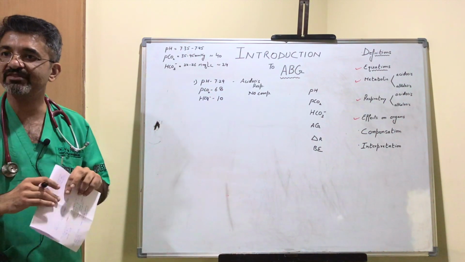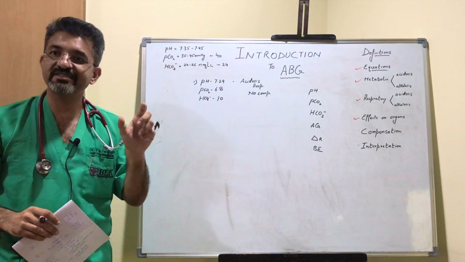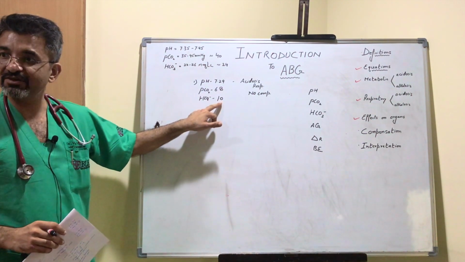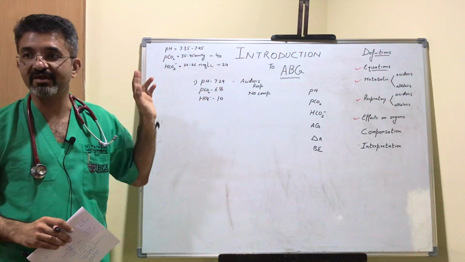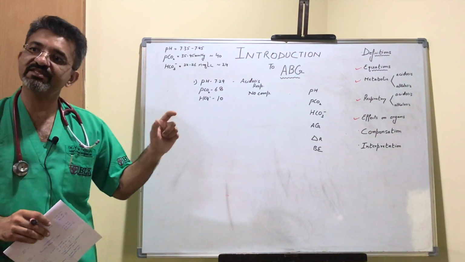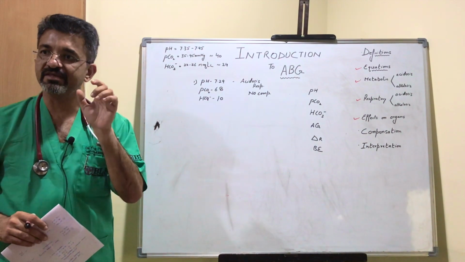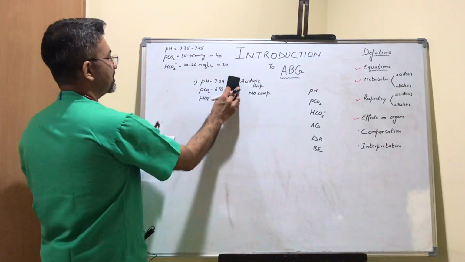There are two components contributing to the development of acidosis, or rather acidemia to be precise. You have metabolic acidosis, you have respiratory acidosis giving rise to acidemia in blood. Getting the fine point? So use the word acidemia first and then add the quality of that acidemia, whether it is respiratory or metabolic. This is a very simple example.